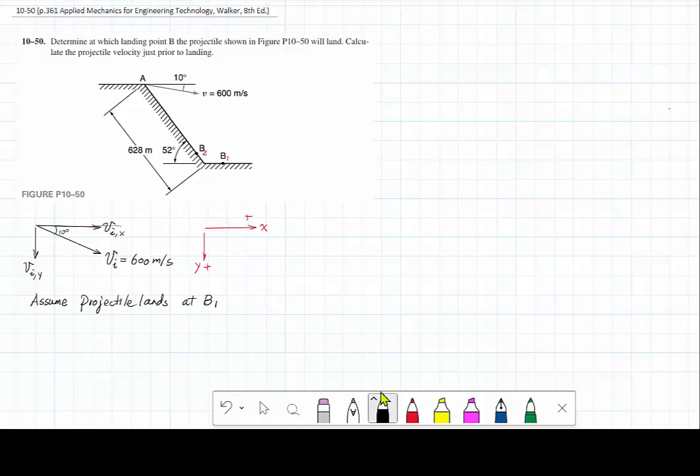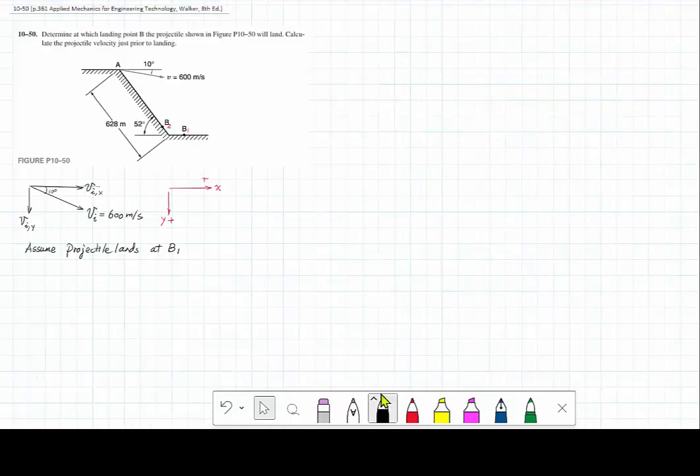The reason for choosing B1 instead of B2 is that B1 provides an additional piece of information that B2 does not. The vertical distance of the projectile at the moment it reaches the ground is known because we know 628 meters as incline, so we can figure that out. This allows us to apply the standard projectile motion equations more directly.